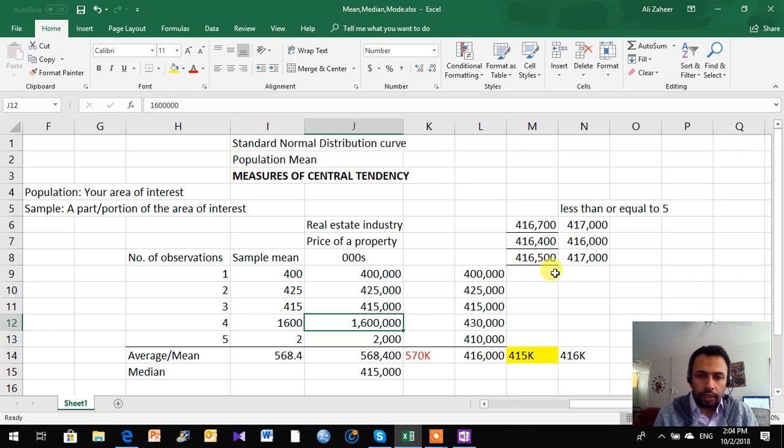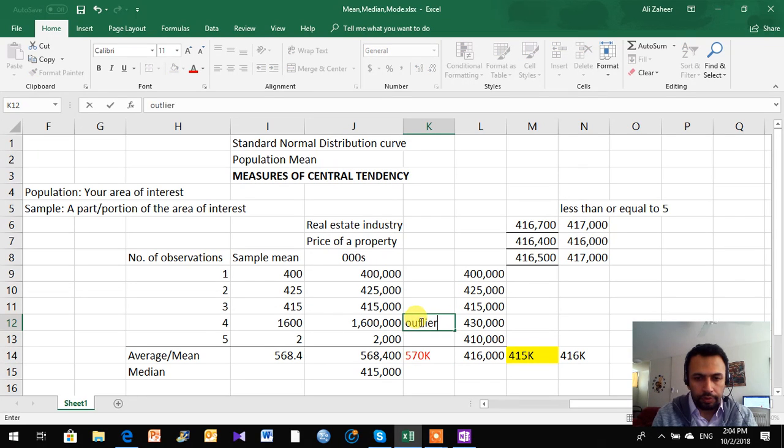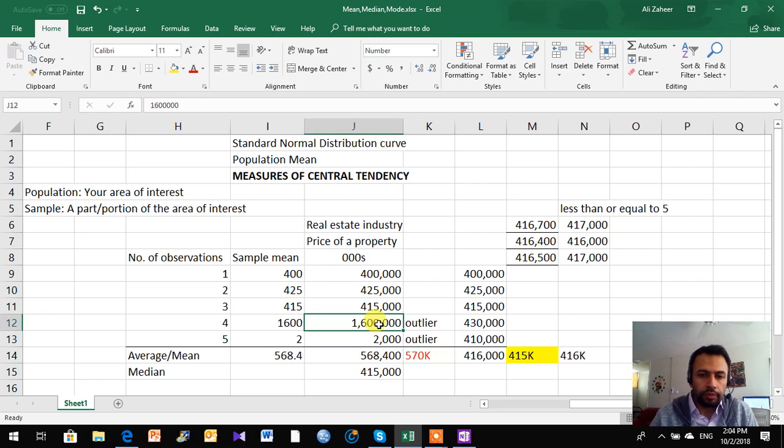So if the values are very close to each other, then our average is likely to be more accurate. But if there are some outliers, so this is an outlier, this is also an outlier, then they will distort the average.